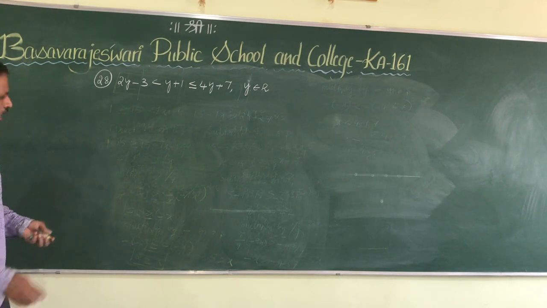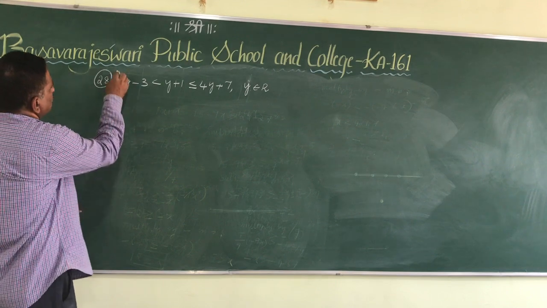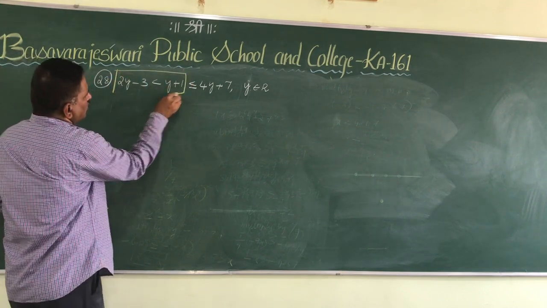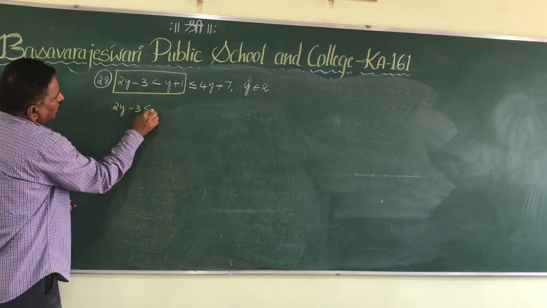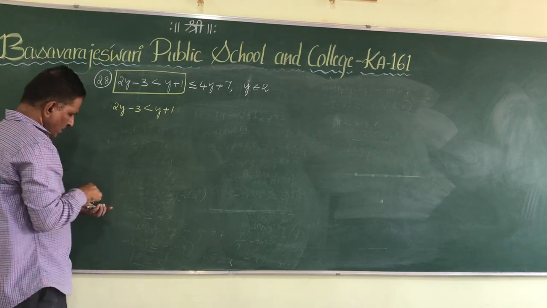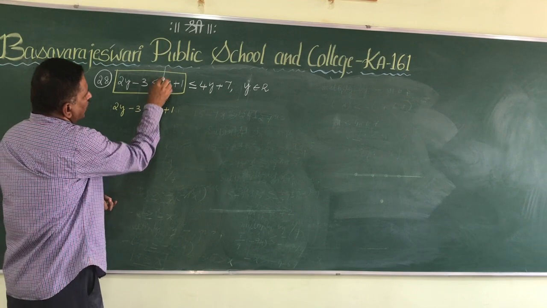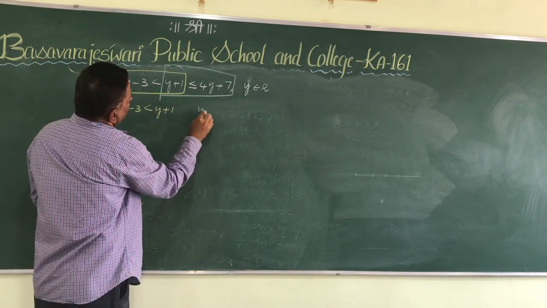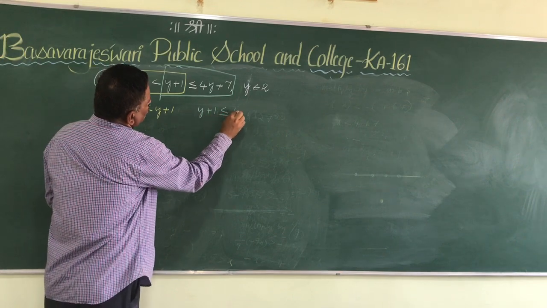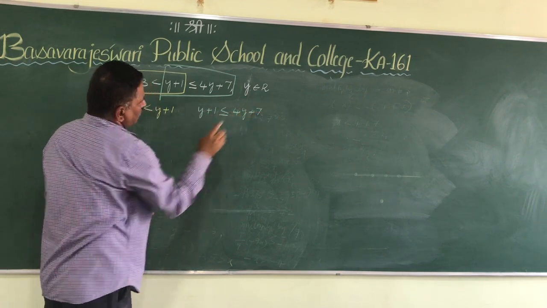Again, there are two parts. The first part is 2y minus 3 is less than y plus 1, and the second part is y plus 1 is less than or equal to 4y plus 7.